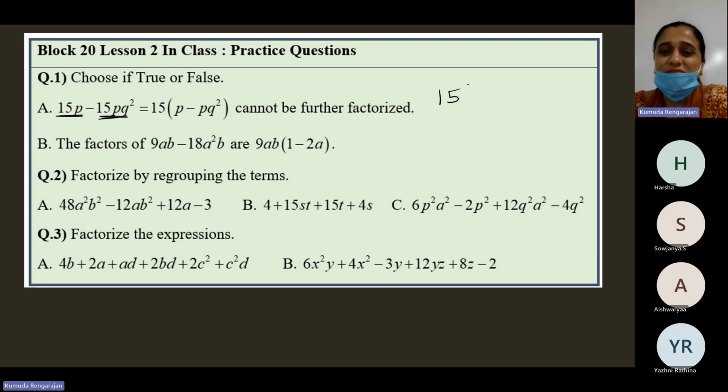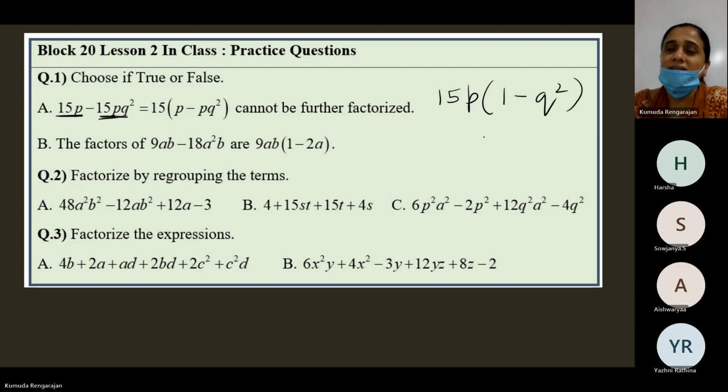So then in the bracket we have 1 minus Q square. That's all? No, this can be factorized further. Because 1 minus Q square is of the form A square minus B square, which can be written as A plus B into A minus B. So 1 is 1 square.